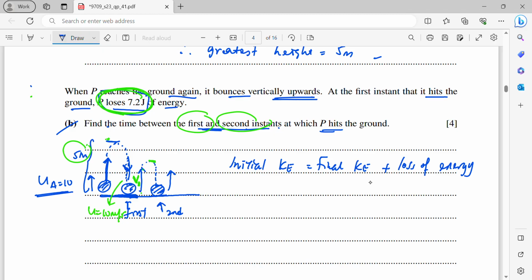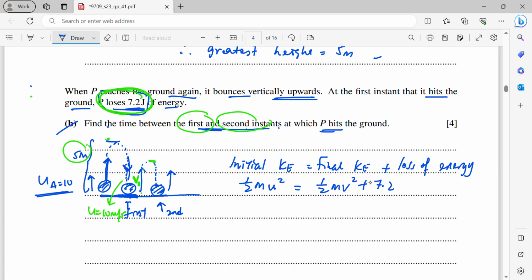So initial KE is the kinetic energy, it will be half mu squared. I write u squared first. Then for the final KE, it will be half mv squared plus loss of energy. The loss of energy is given as 7.2.